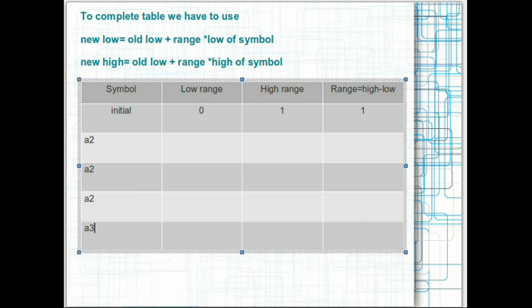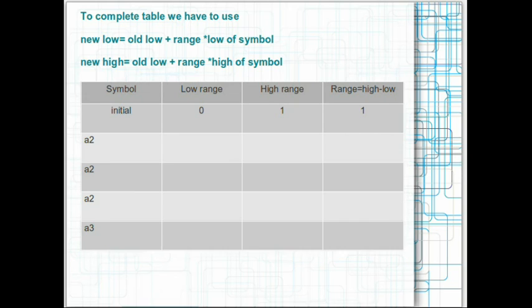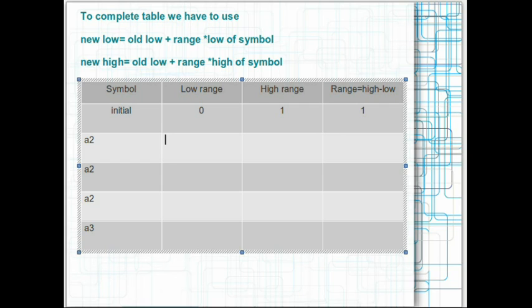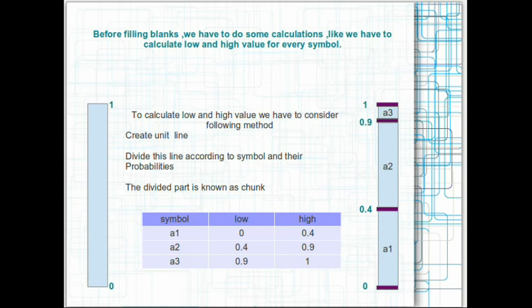Okay, now for A2, we have to calculate low of A2. How to get this? Use the formula new low, in which we have to use old low. The value of old low is 0, the value of range is 1, and the low of symbol comes from this prepared table.